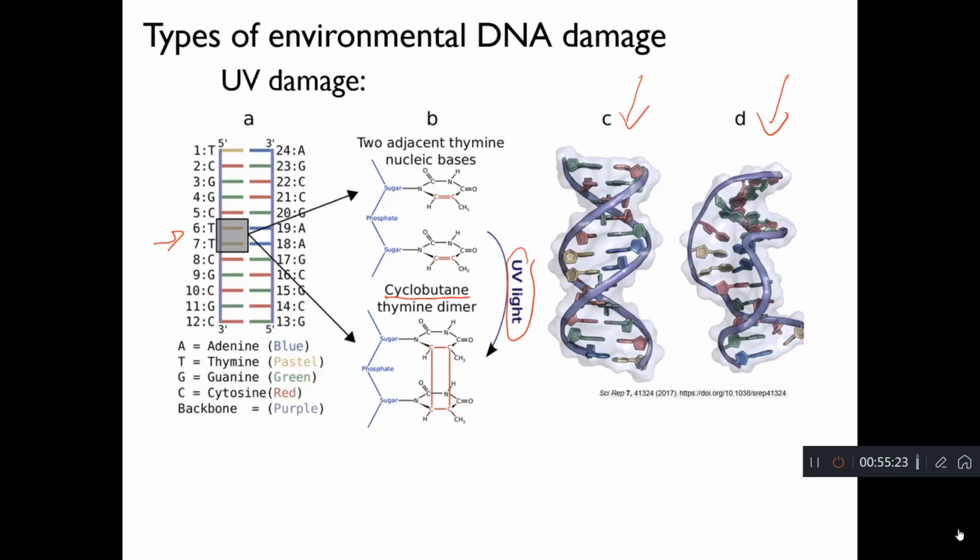So if we have a normal B form DNA, if we look at this figure right here, and you have nicely stacked bases, how far apart are these two adjacent thymine bases? So what's the typical distance between here? So you remember back to, I think it was our second lecture or third, I'm not sure.